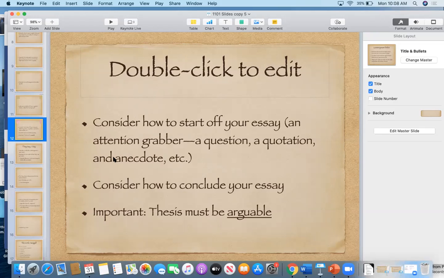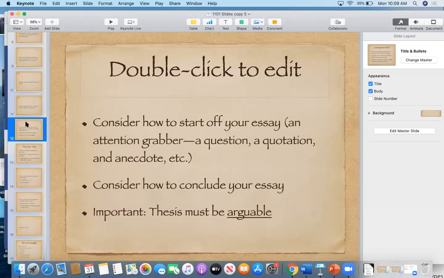What does it mean to have an arguable thesis? It's not just making an argument. Yes, exactly. It can't be a fact, Valerie says. So that, yeah, you can have a counter argument there. Exactly. Open for somebody else's opinion.